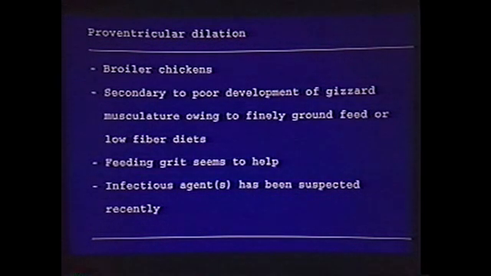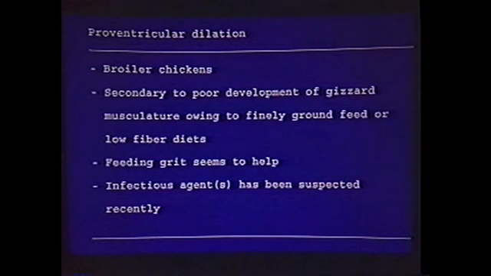Recently, infectious agent or agents have been isolated from crops with a proventricular enlargement. It should not be confused that proventricular enlargement can be due to dilation of the proventriculus, as I showed you, or it can be due to thickening of the wall of the proventriculus.